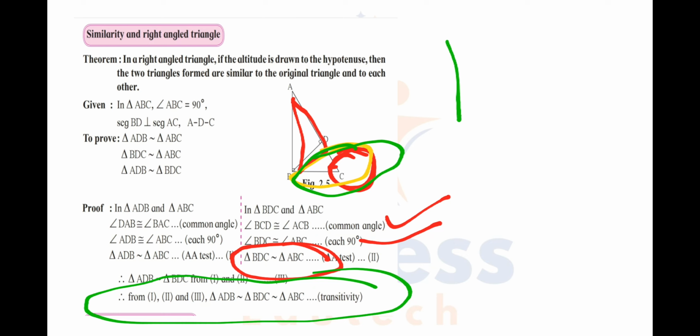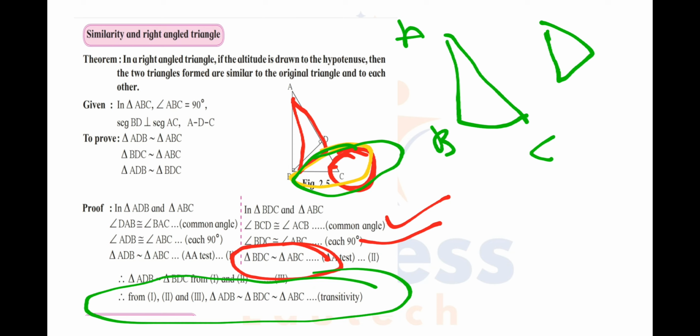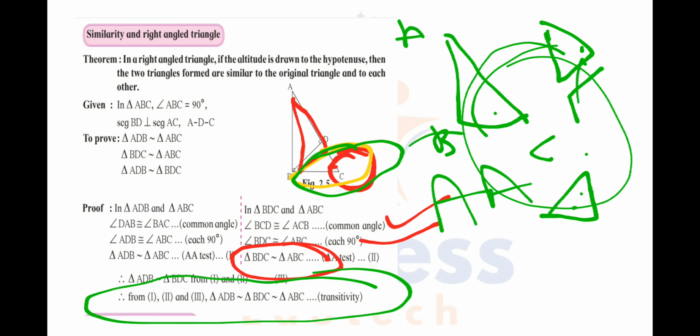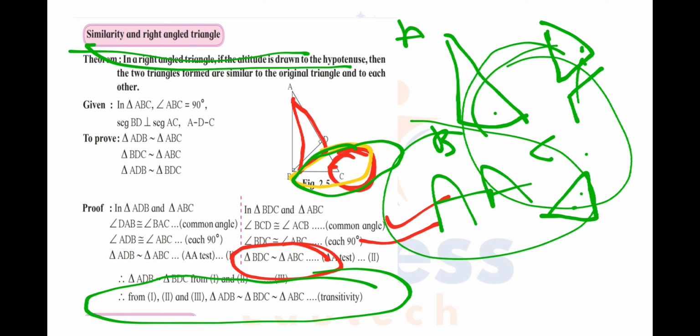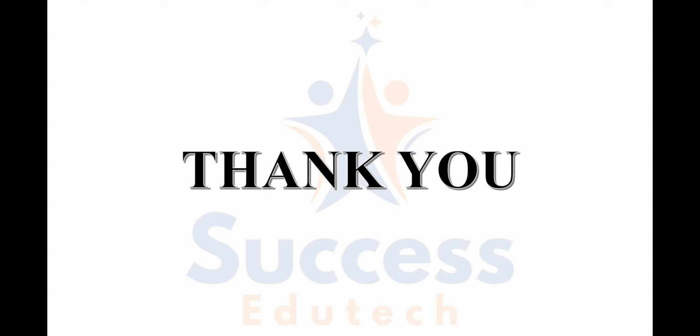Triangle ABC is similar to ABD and BDC; all three triangles are similar by the AA test. This is the similarity of a right angle triangle theorem. This theorem is stated like that.